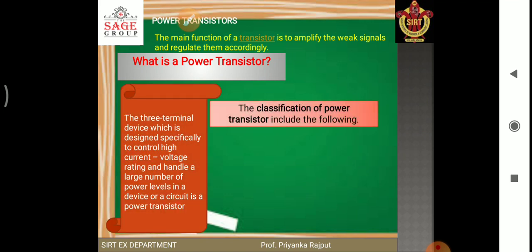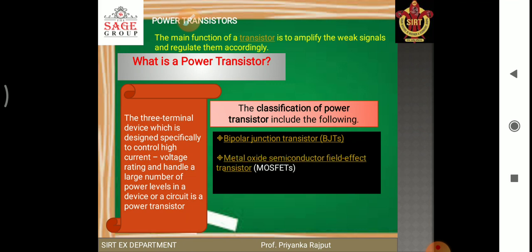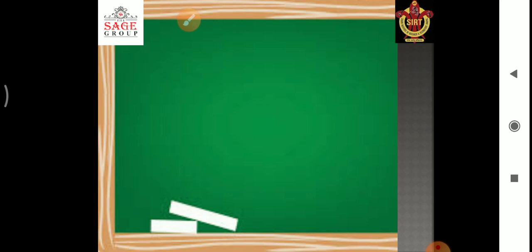The classification of transistors is as follows: bipolar junction transistor, BJT; metal oxide semiconductor field effect transistor, MOSFET; and insulated gate bipolar transistor, IGBT.